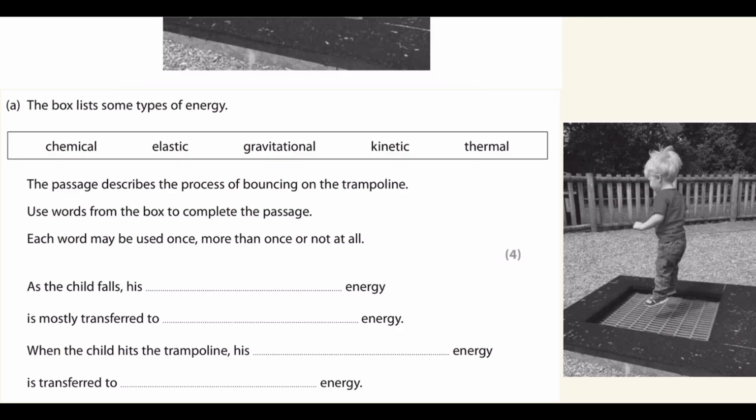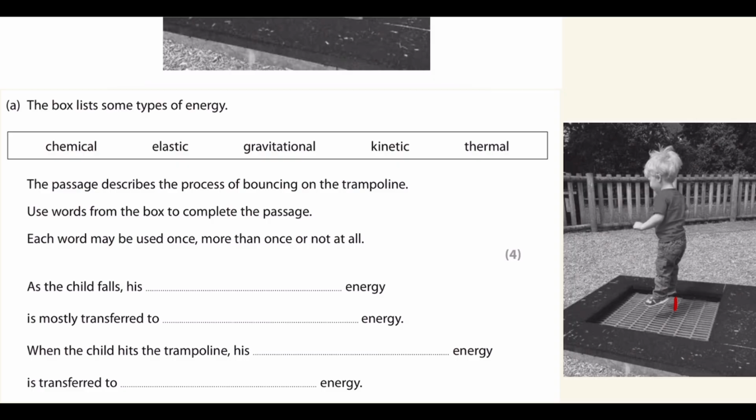Let's break this down step by step. As the child falls, he is moving faster and faster. The movement means he has kinetic energy. Where did that energy come from? When he was at the top of the bounce, before he started falling, he had gravitational potential energy because of his height. There is a small height here above the trampoline.